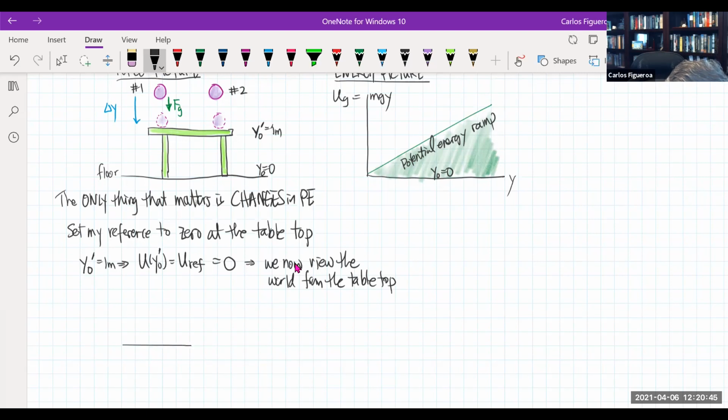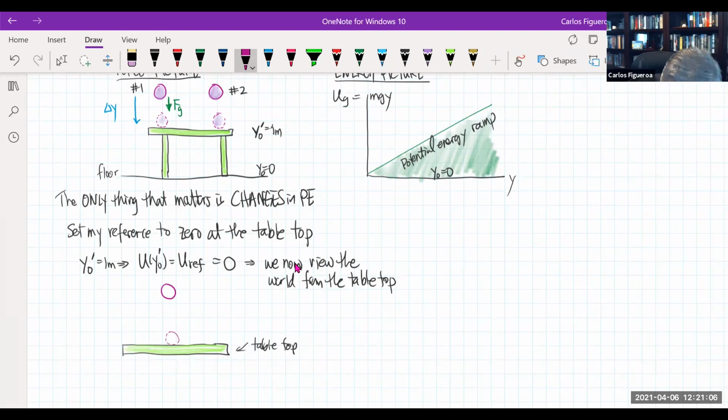So what this tells us is that if this is my tabletop right here, this guy is how I view the world. And when I look at the ball up here, the ball's going to fall down to here.